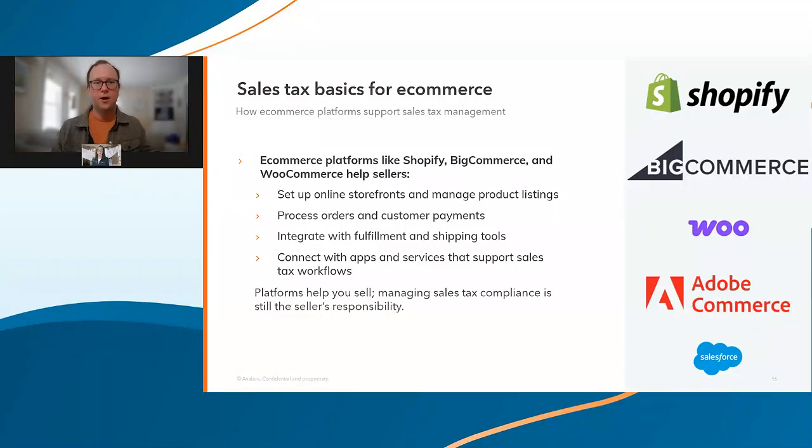They're going to help you set up your storefronts, manage product listings, process orders, integrate with fulfillment and shipping tools, start out selling omni-channel rather than omni-channel being something that is reserved only for large companies.